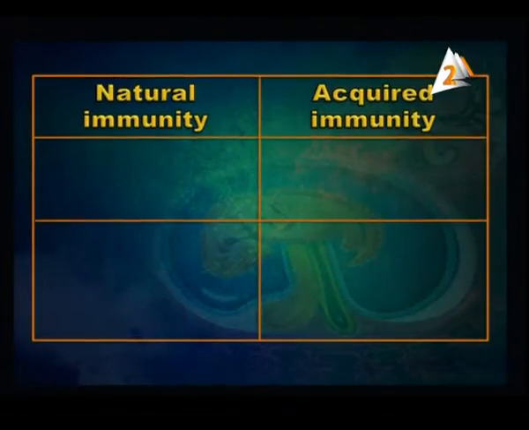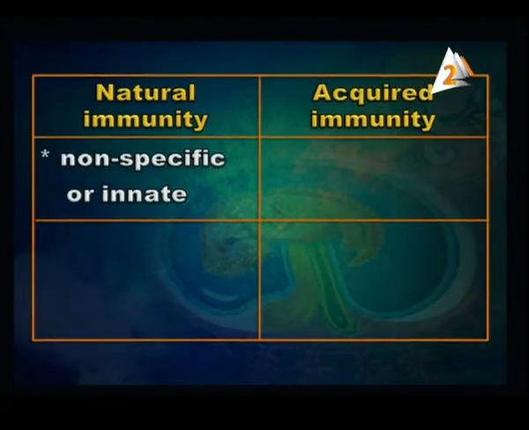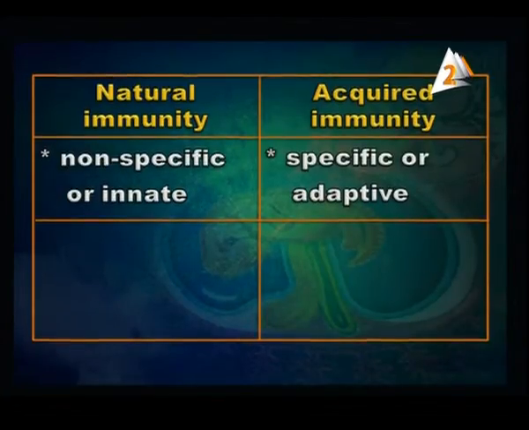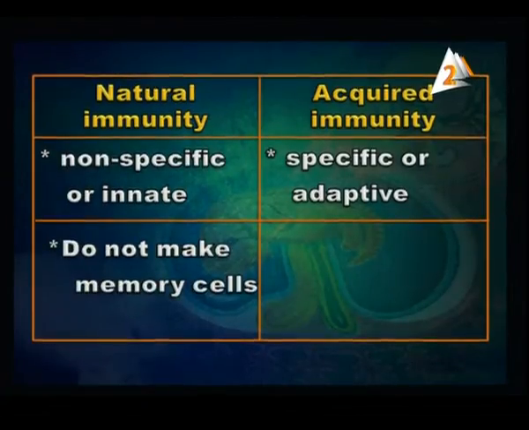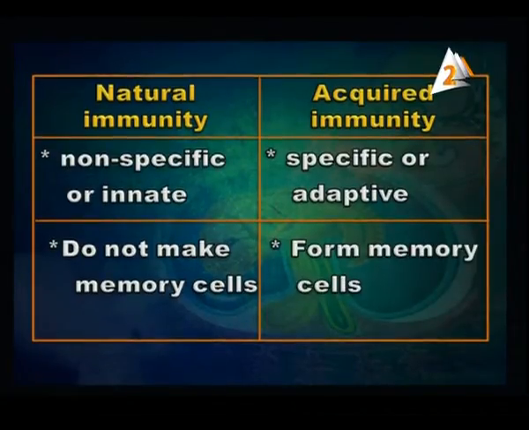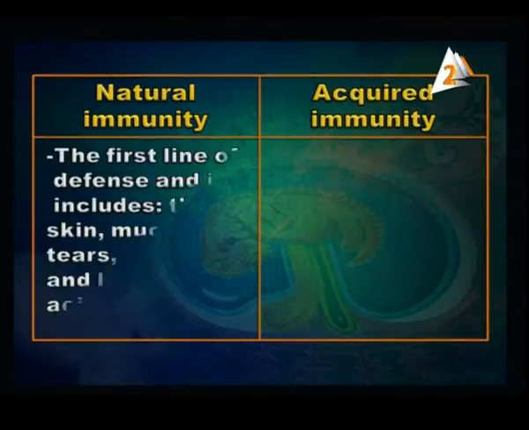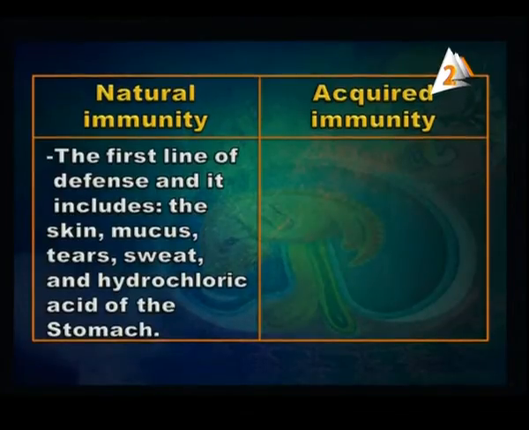The natural immunity is non-specific or innate, while the acquired is specific or adaptive. Natural immunity does not make memory cells. The acquired immunity forms memory cells. The first line of defense includes the skin, mucus, tears, sweat, and hydrochloric acid secreted by the stomach.